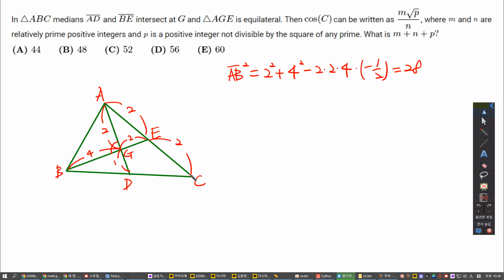And so for the length of BC, we can also use the law of cosines. BE's length is 6, AE is 2. Once again, this angle is 120 degrees. That's 12.